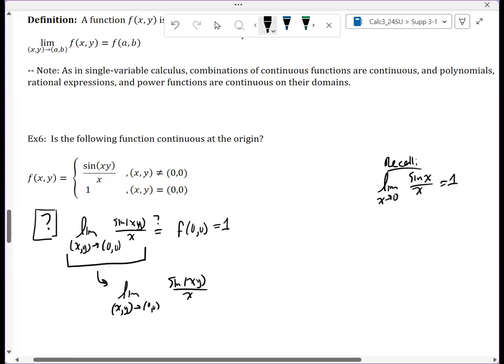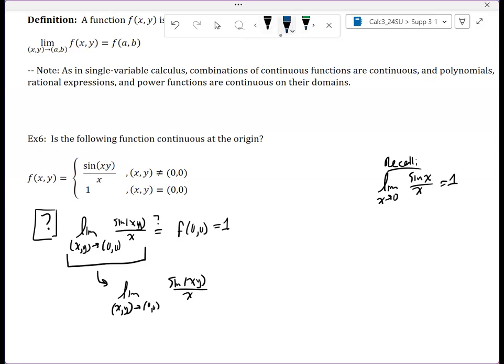And I say this kind of looks somewhat similar, right? Sine of xy over x. I mean, if that y wasn't there, I would just be able to say right away that this is 1. But the y is there. What does that actually do?